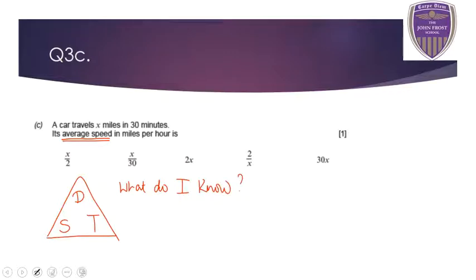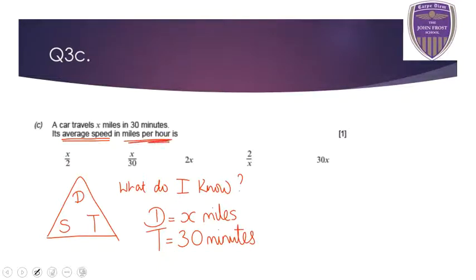So what do I know? X miles, so I know the distance is X miles, and I know the time is 30 minutes. But be mindful that they want it in miles per hour. So I would change that to 0.5 of an hour, okay?